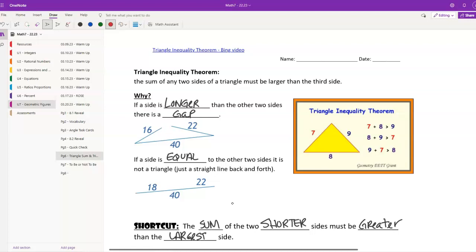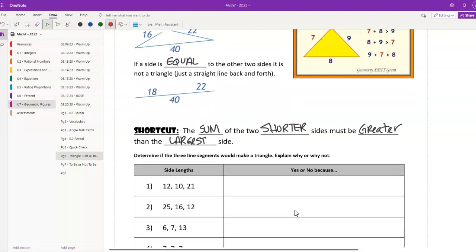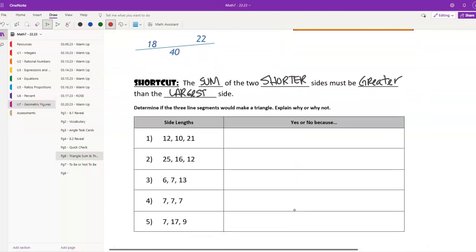But if the longest side was equal to the other two sides, it's just going to fall flat and make a straight line. So the shortcut was: if we find the two shorter sides and add them together, if they're greater than the largest side, it can make a triangle.